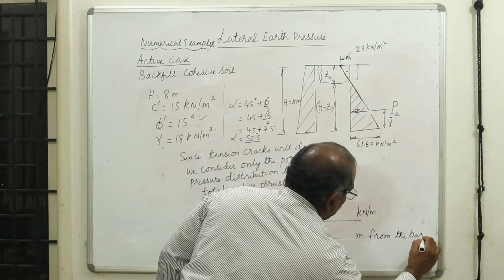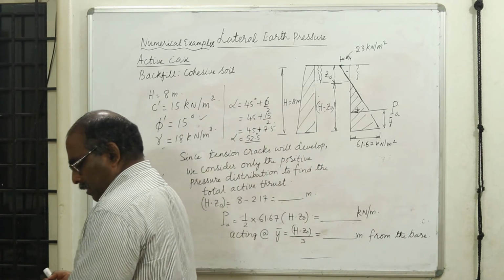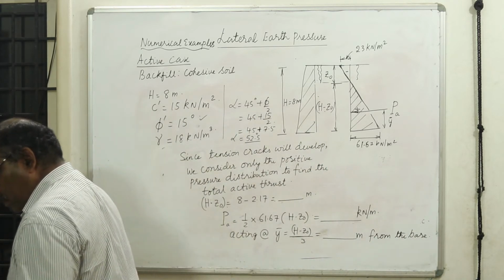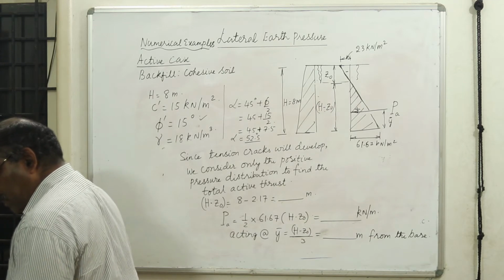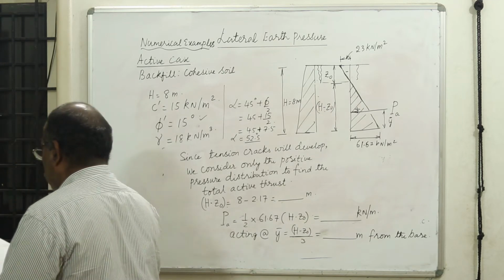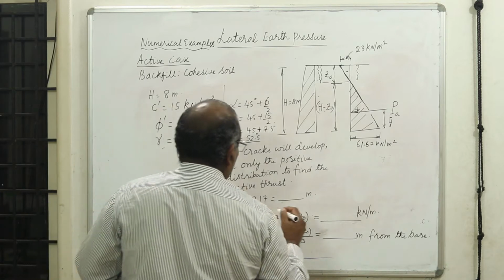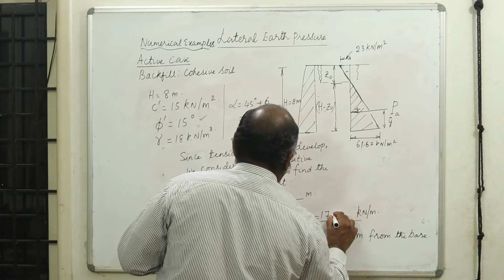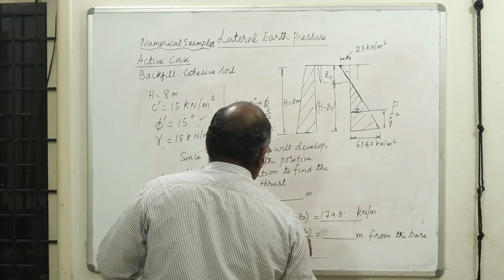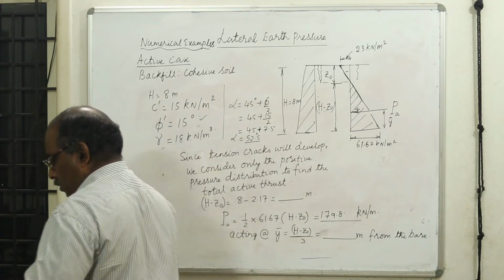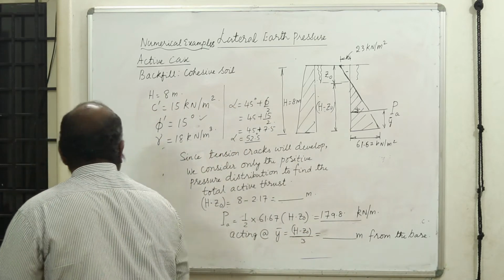These statements are very essential. So let me check what the value is. The total thrust is 179.8, and this value I won't go into. You can work on that value.